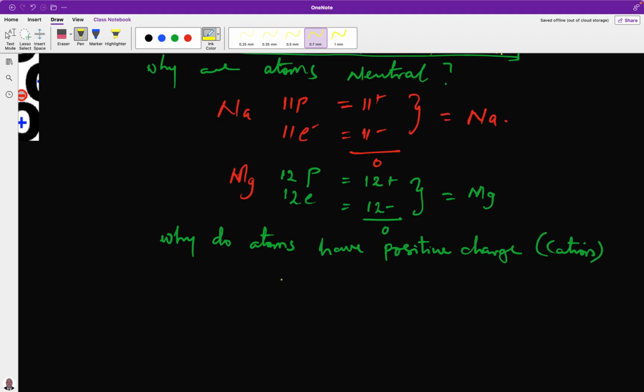Protons are positively charged, electrons are negatively charged, so canceling out each other will not work. There will definitely be a difference, and that difference gives the charge on the atom that makes it a cation.